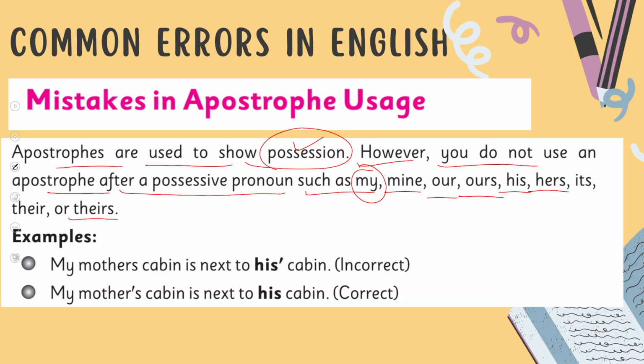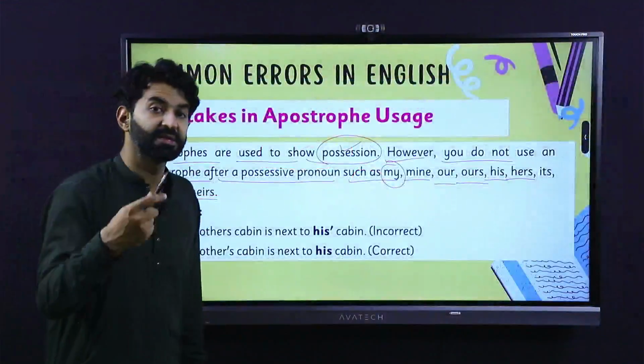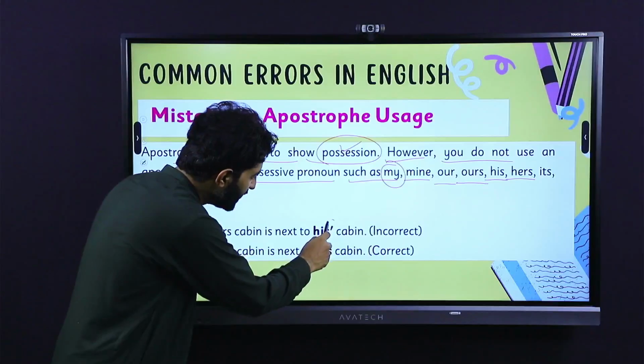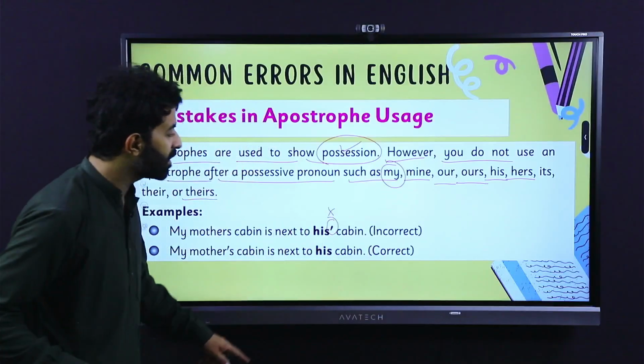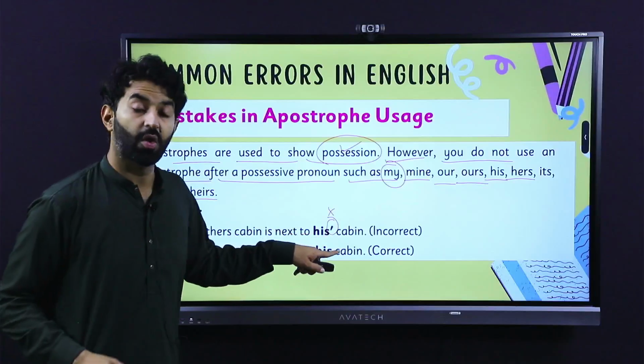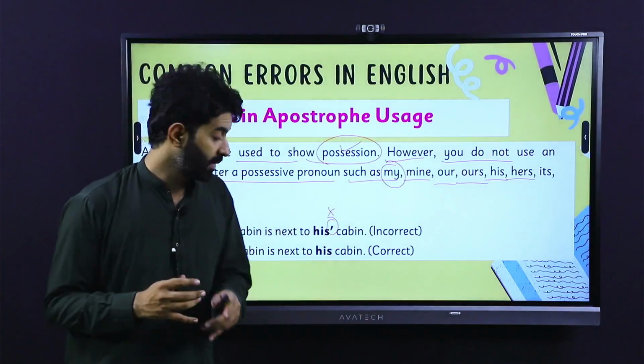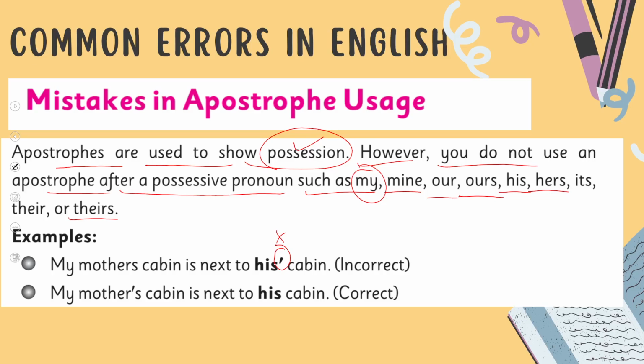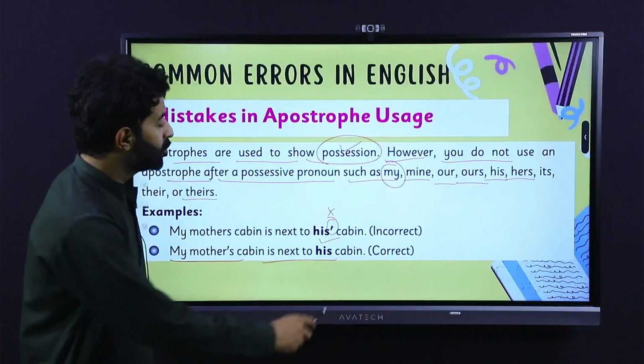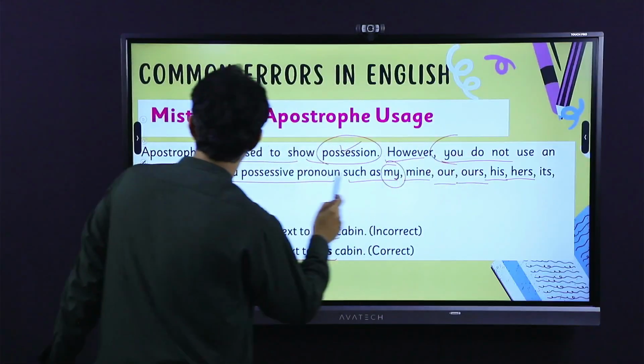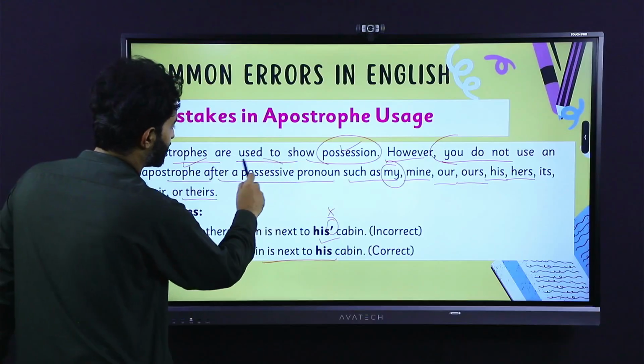For example, you don't say my mother's cabin is next to her's cabin. You don't need any kind of apostrophe over here because this is already showing a possession. Rather, you would say my mother's cabin is next to hers. Now, let's read that again. You do not use an apostrophe after a possessive pronoun.